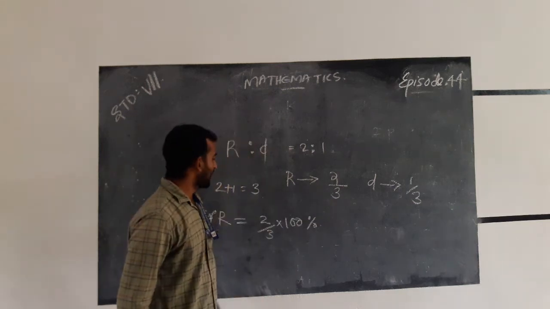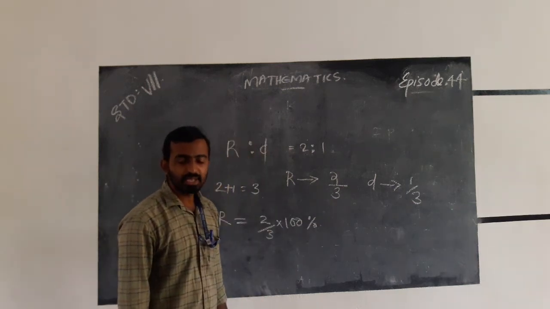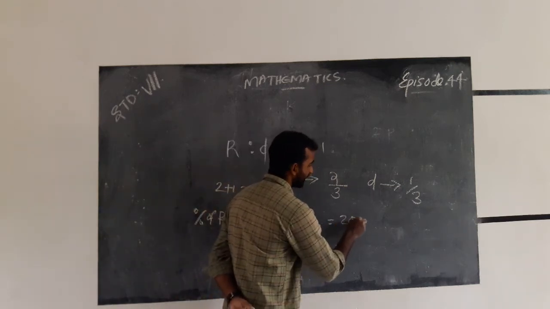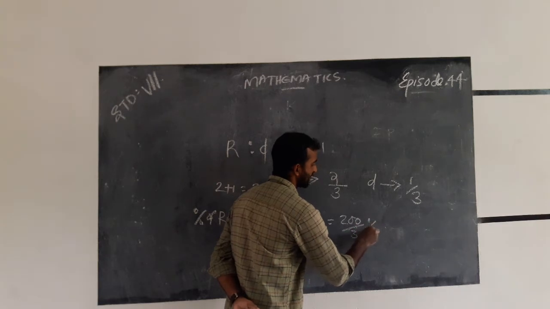That is 2 by 3 into 100%. That means we get 200 by 3%.